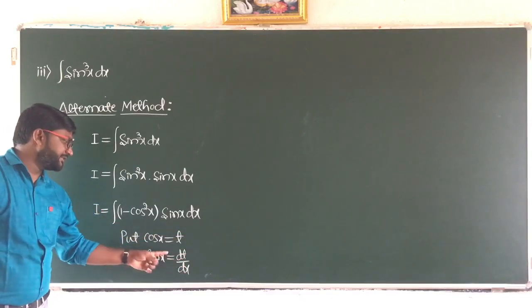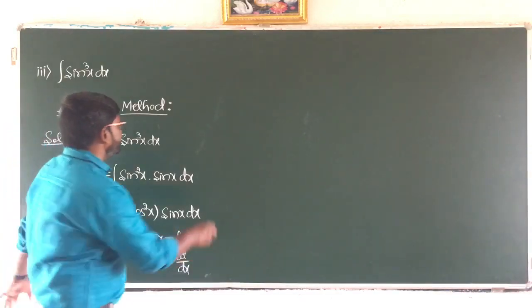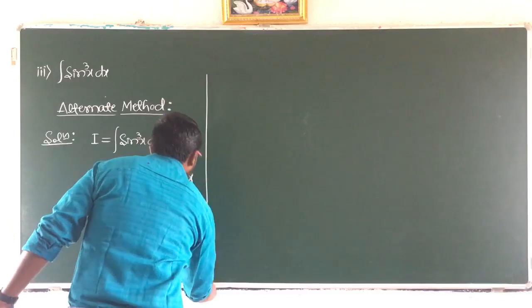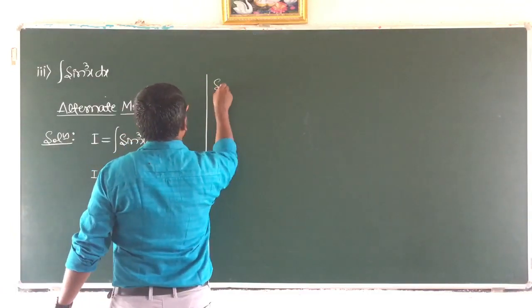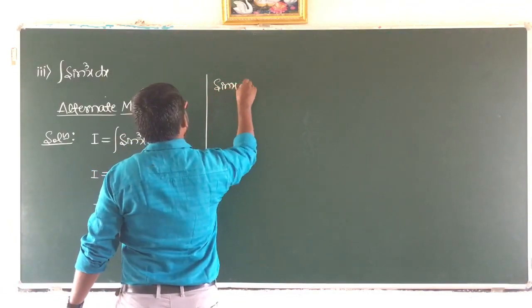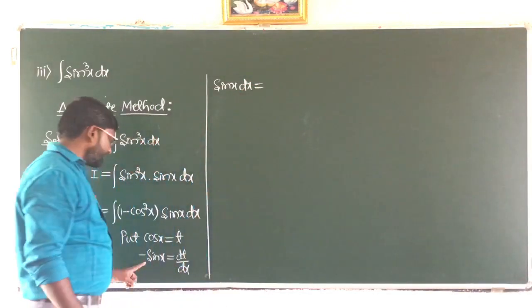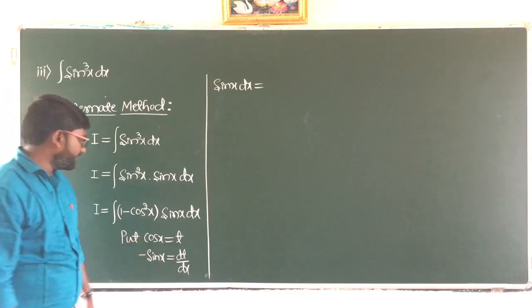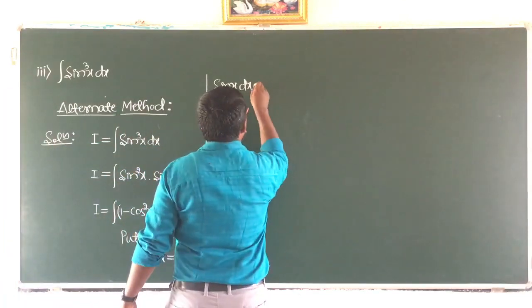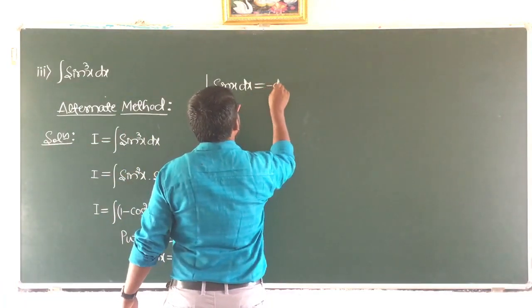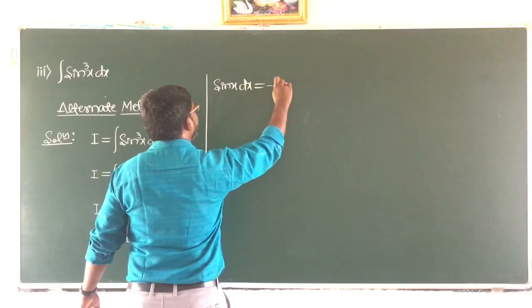Take dx to the LHS and minus sin to the RHS. So here sin x dx which is equals to, so here minus is nothing but minus 1. Take it to the RHS, goes to the numerator or the denominator. Minus dt.